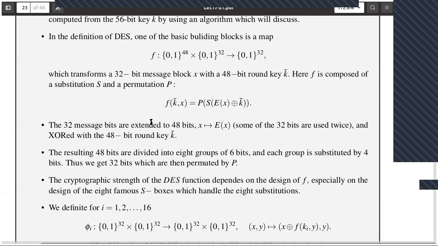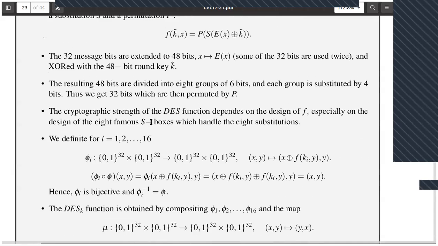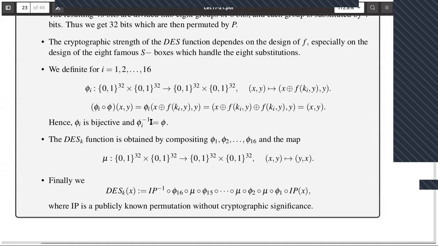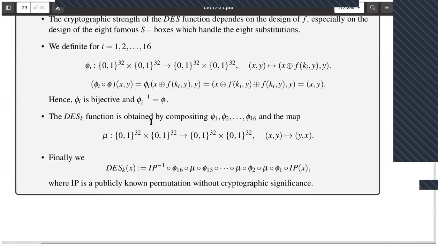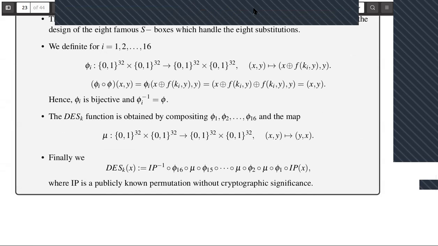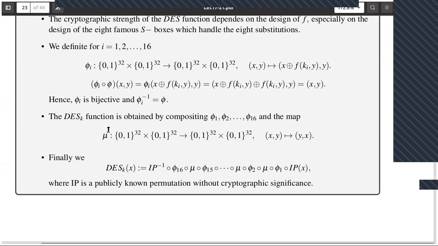Actually I explained that also using different figures. So DES_K, the entire thing, I explained with some diagram and some function here. You can see this part. It is a composition of functions.